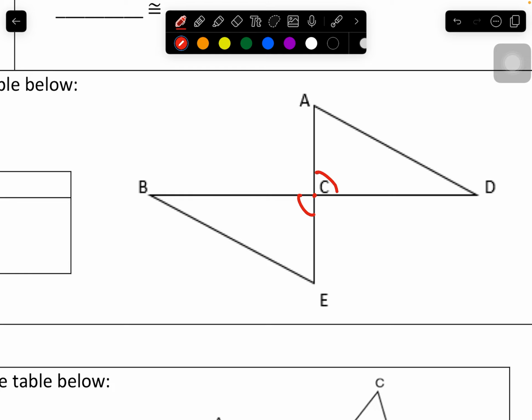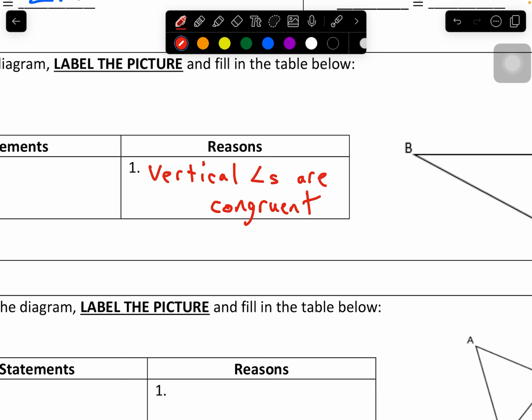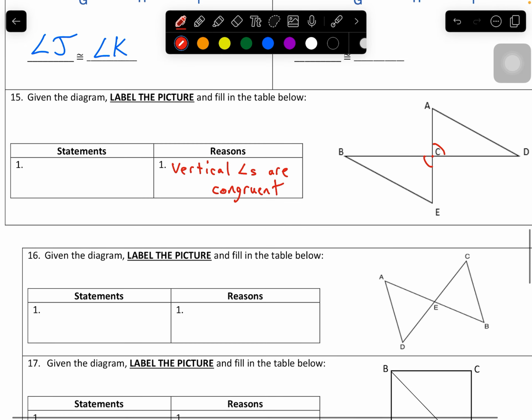So then I have vertical angles, and you can write that right away, because we know vertical angles are congruent. Then the statement is like, what are those angles as congruent? So angle BCE is congruent to angle DCA. And that's all you got to do.